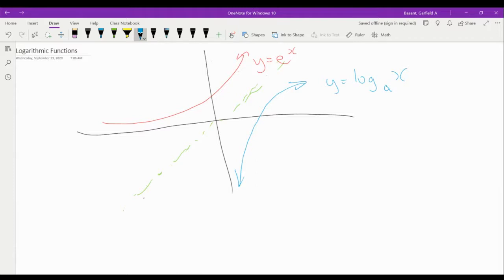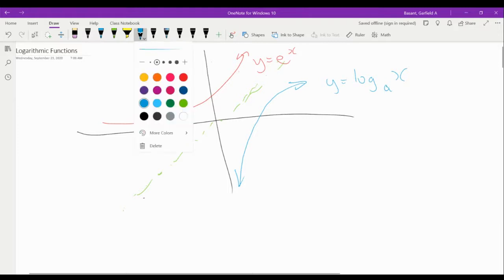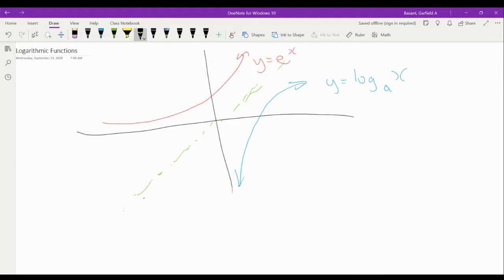Now you'll see for this, what's our domain for this graph? For a logarithmic function.